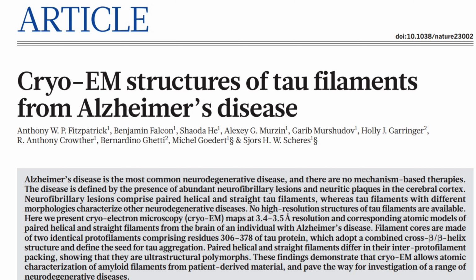PHFs and SFs differ in their inter-protofilament packing, showing that they are ultrastructural polymorphs. These findings demonstrate that cryo-EM allows atomic characterization of amyloid filaments from patient-derived material and pave the way to study a range of neurodegenerative diseases.